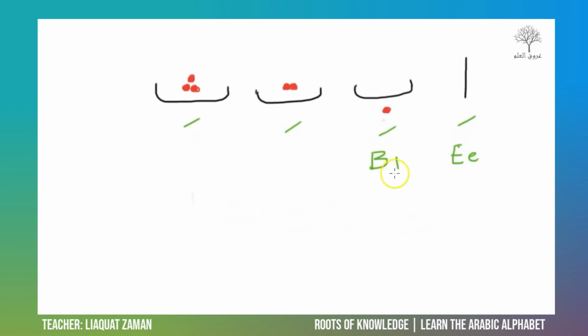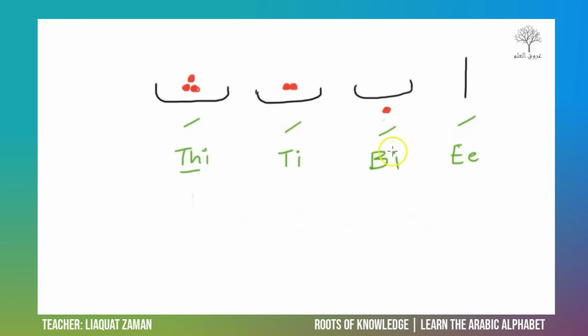E, bi, ti, and thi. Remember that three sound? Thi. So e, bi, ti, thi. Make sure the sound is short.